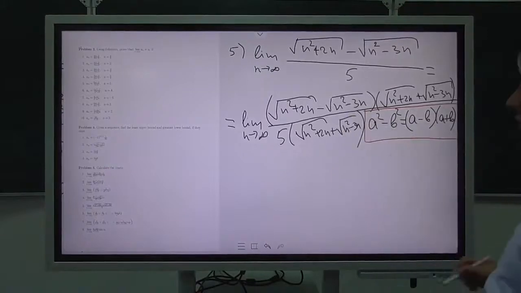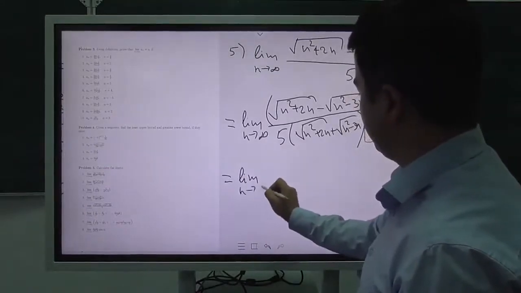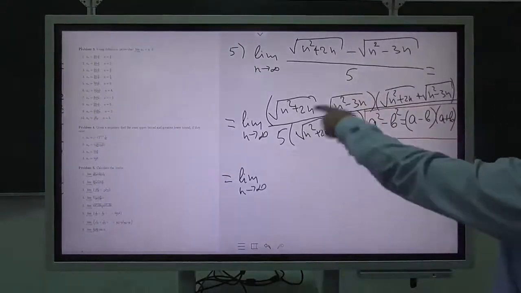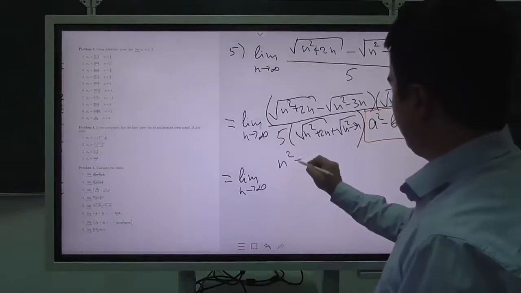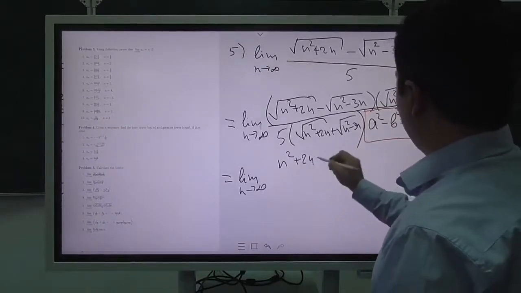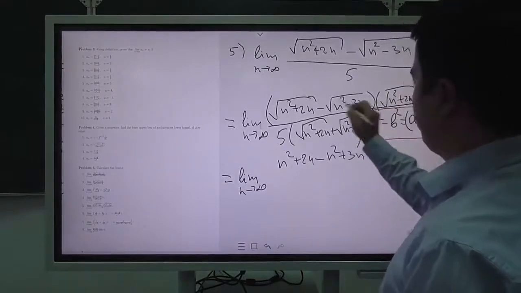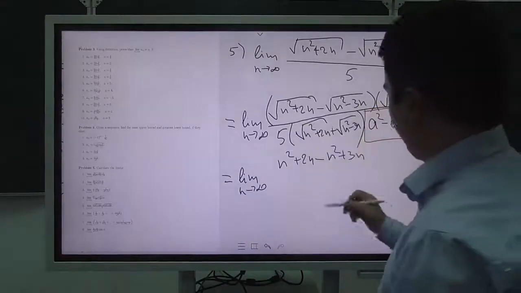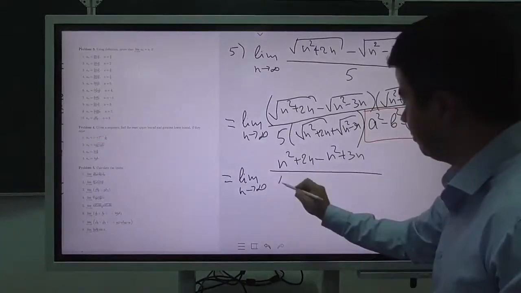If we continue our fraction, we have limit n tends to infinity. If you multiply them, we get n squared plus 2n minus n squared plus 3n, because here we have a double minus. Without square roots now, because a squared minus b squared.